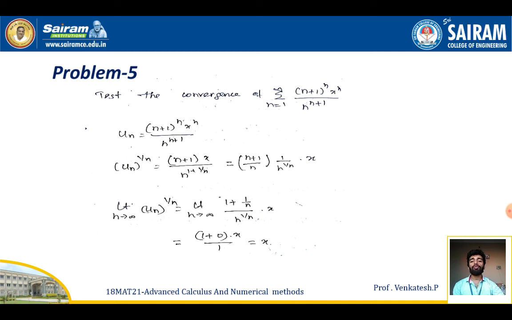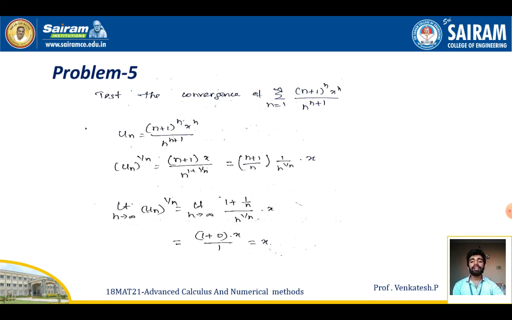By taking power of 1/n on both sides of the equation, I will get u_n^(1/n) equal to (n+1) times x in the numerator, as the n gets cancelled on applying the power. In the denominator, applying power 1/n to n^(n+1), I will get n^(1+1/n).